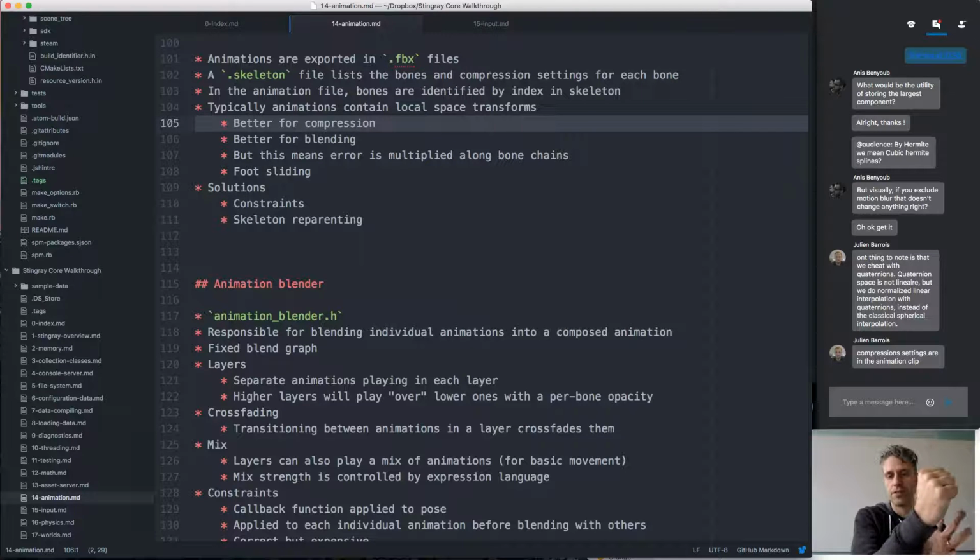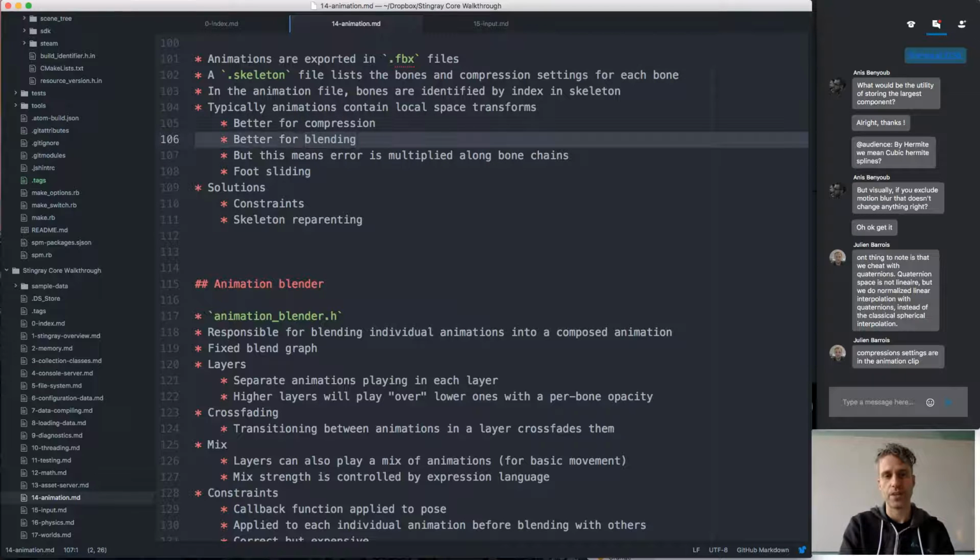However, in world space, the wrist has this weird sort of rotation movement going on, so it's a much more complicated movement. Since movements in world space tend to have more complicated curves, if we represent them in local space, they will actually compress better. The second reason we prefer local space transforms is that they're better for blending.